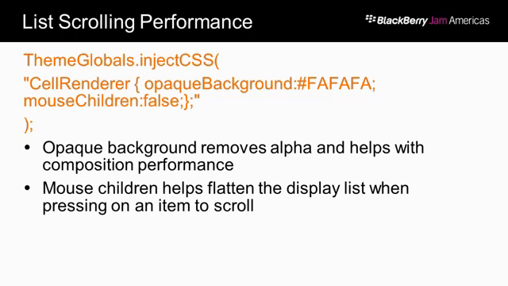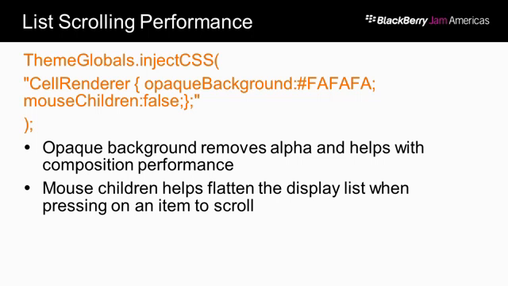With the CSS stuff, you can inject CSS at runtime in your application. And so every class, you can actually set public properties to whatever you like through CSS. It kind of happens magically. And so our cell renderer, which is our list items, if you set opaque background on them, you will see an incredible boost.